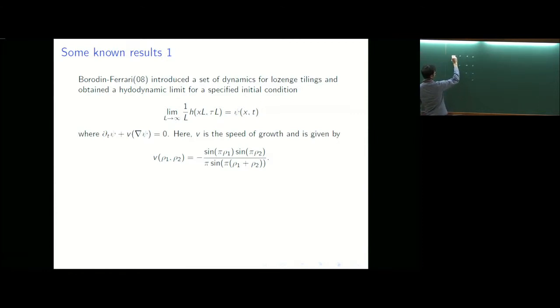And these particles had to interlace, meaning that this particle has to sit between this one and that one. I can't have this particle being further across than that particle. So this particle needs to be to the left of or at the same position as this particle, and this particle here needs to be to the right of this particle here.